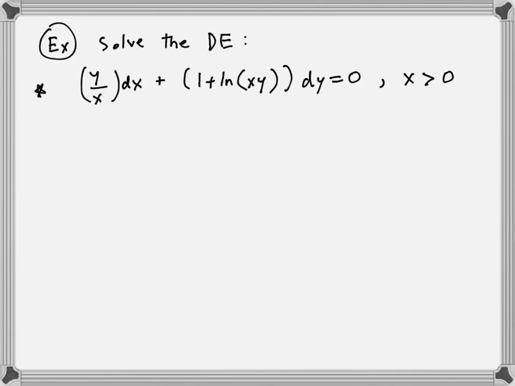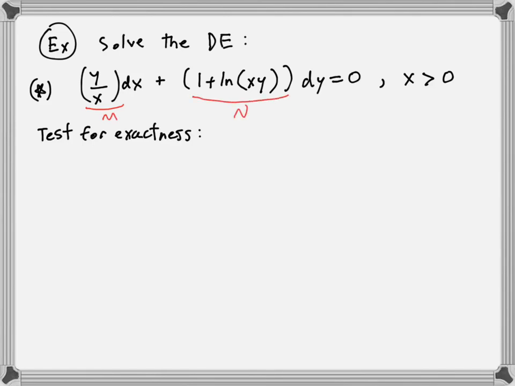Okay, so this is going to be our differential equation. So we are going to test for exactness. Remember, this right here is our M, and this right here is our N.